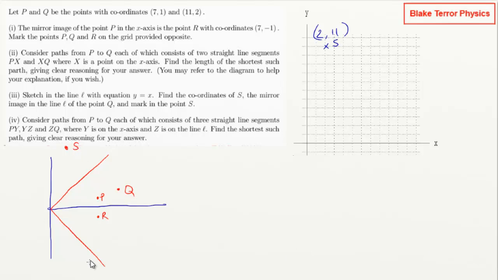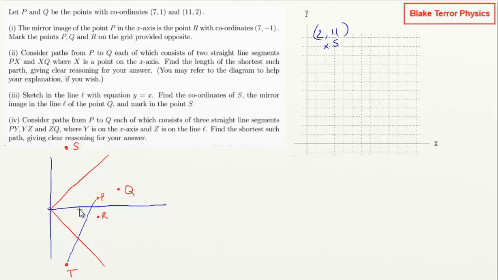Okay, so if I reflected S to be, say, T, then let's see if I can match up all of these paths. So say I had a route going from P to T directly.